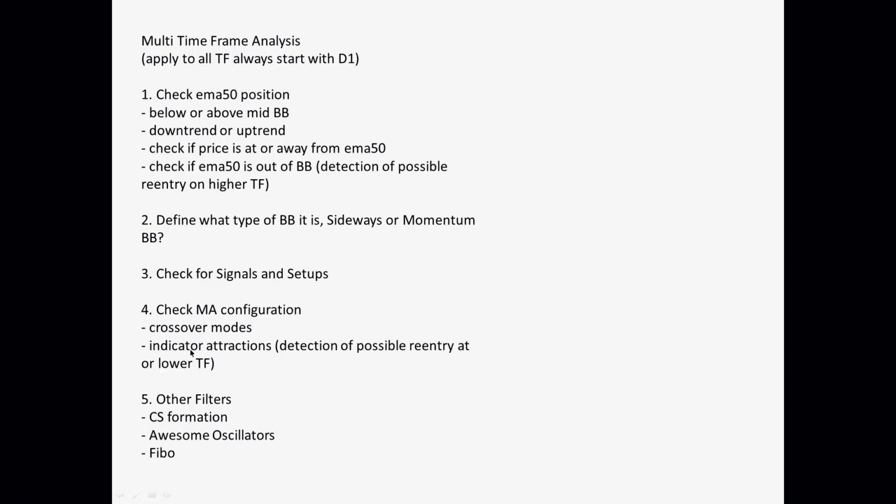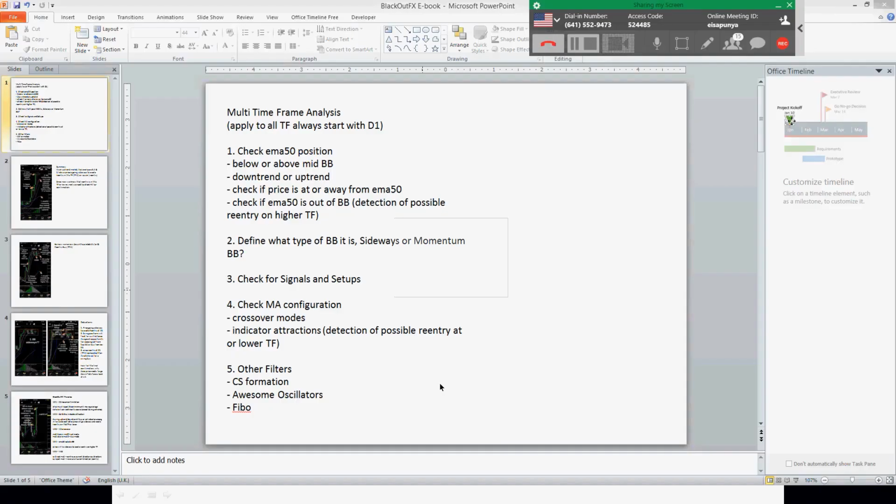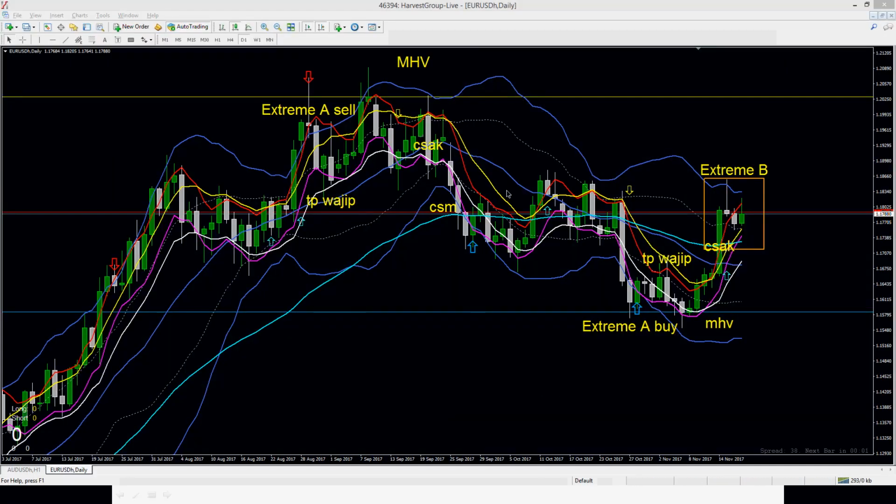Now we need to check for MA configuration, crossover modes and indicator attractions. So we need to look into the moving averages. What are they looking at right now? Obviously there's a crossover over here, because MA5 is above MA10.